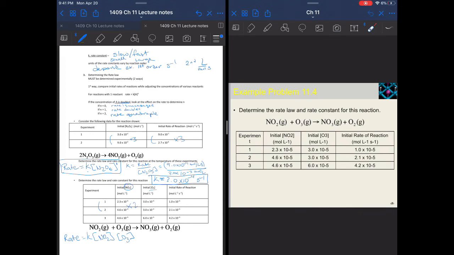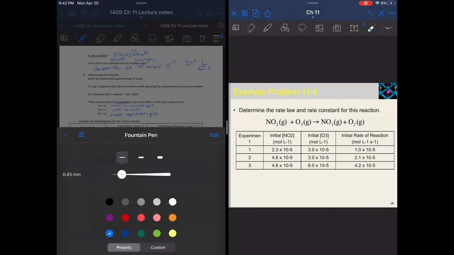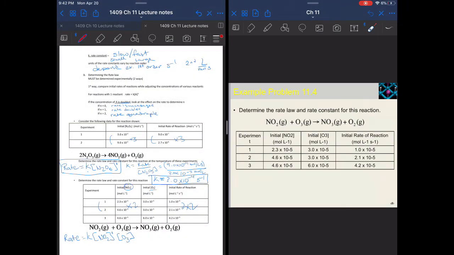I see that as I go from 1 to 2, I am doubling my concentration. And so what happens to the rate as I go from 1 to 2? It about doubles, right? So that's going to be a first order reagent. Now, if I want to look at, say, the ozone, then I need to find 2 experiments where the NO2 is not changing.